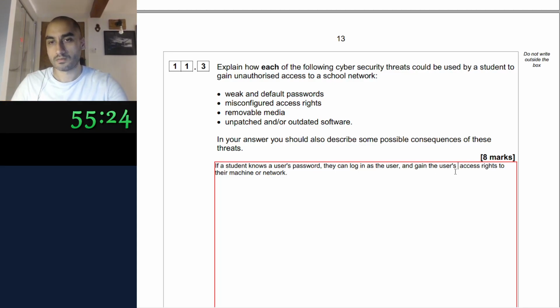Users' regular access rights to the machine or network. Okay.